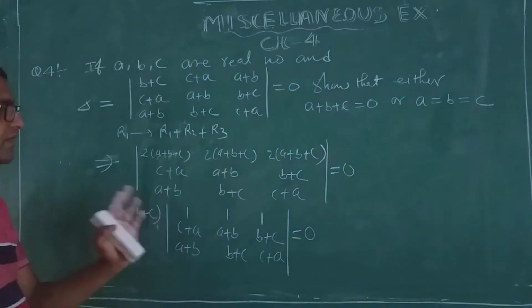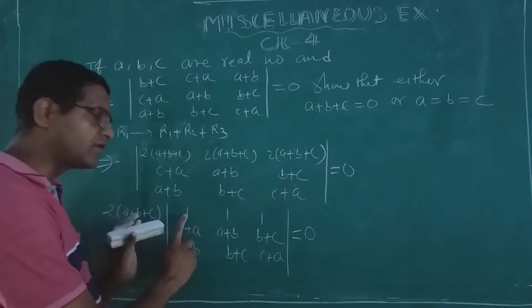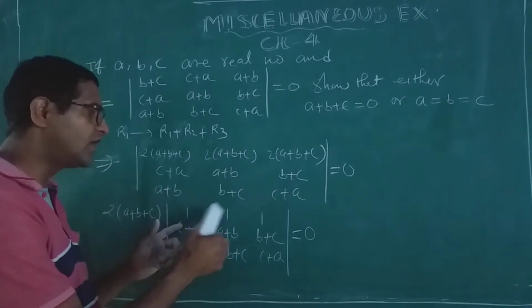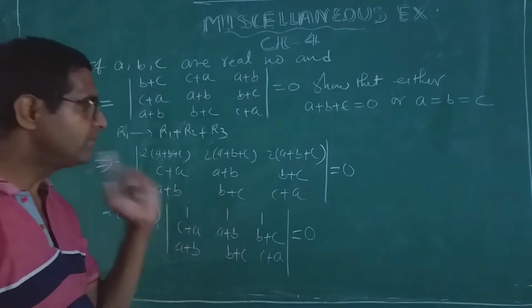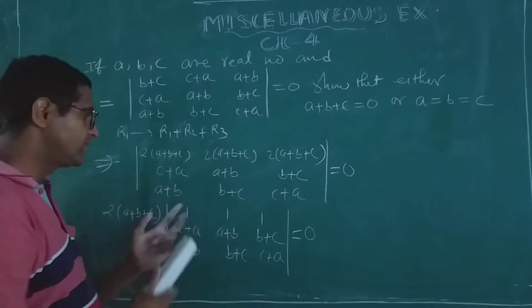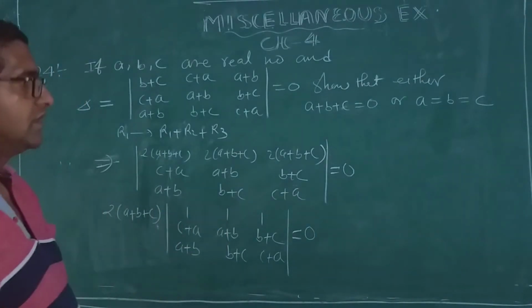Since all elements of the first row are unit, you can apply the column operation to convert two elements into 0.